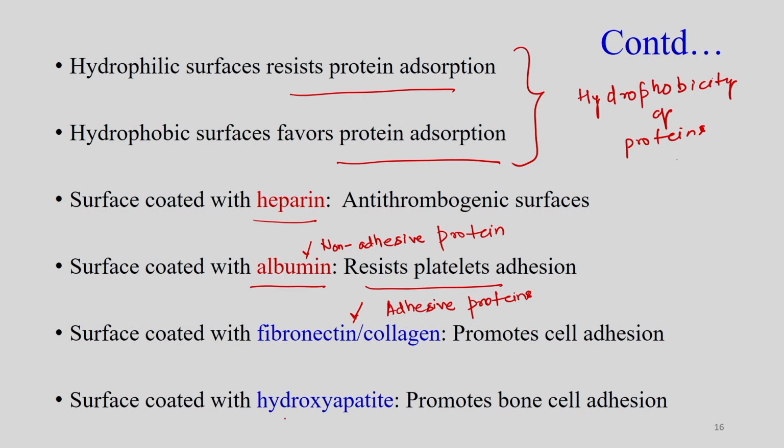Also, especially for the bone cell, hydroxyapatite is the biosimilar material which has a very close composition, particularly this Ca by P ratio 1.67, very close to that of bone. So, it promotes the bone cell adhesion. So, accordingly we can choose which type of surface modification we are looking for.